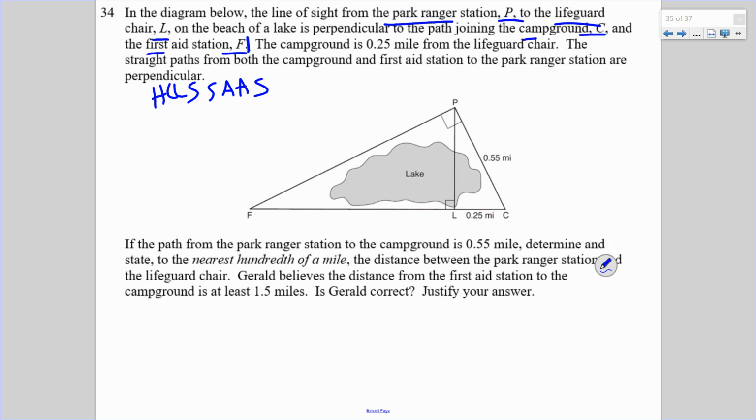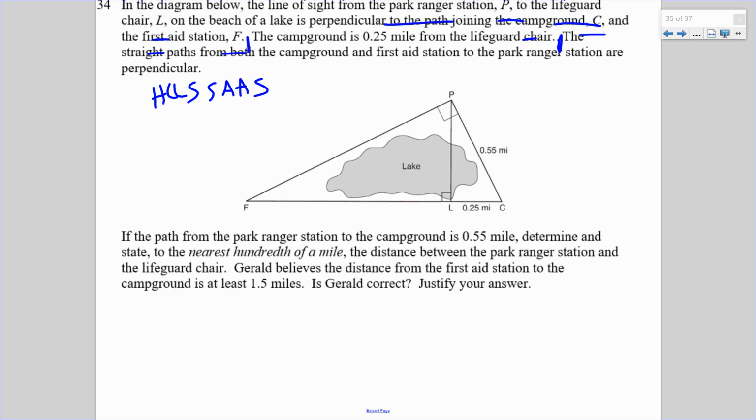All right. The campground is 0.25 miles from the lifeguard chair. Nothing there. It's in the picture already. The straight paths from both the campground and first aid station to the park station are perpendicular. I have that picture. This whole first thing gave me nothing. So let's get rid of it, so I have some space.